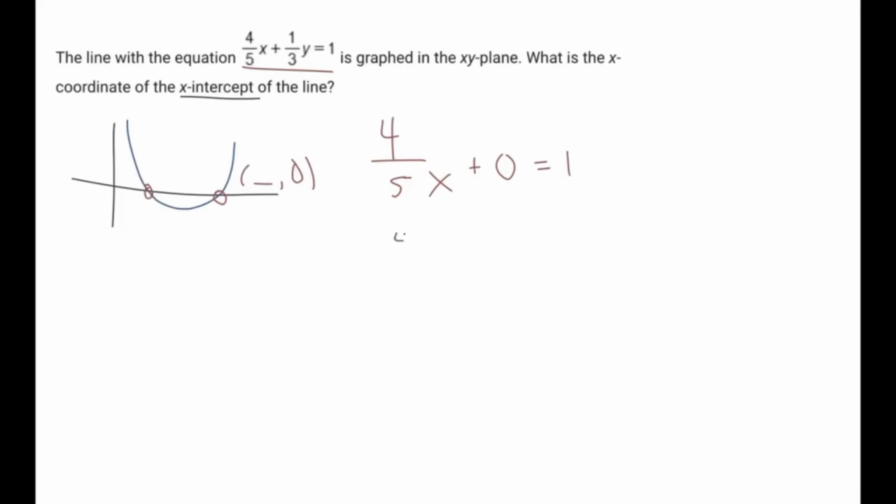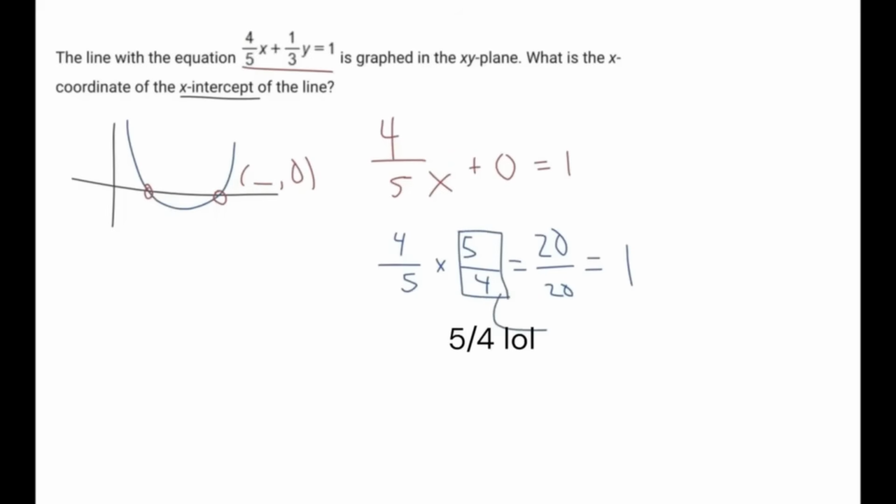We can multiply 4/5 by 5/4, right? Because this gets us 20 on top and 20 on the bottom, and that is equivalent to 1. And therefore, the x-coordinate of the x-intercept would just be 5/4. So that is our answer.